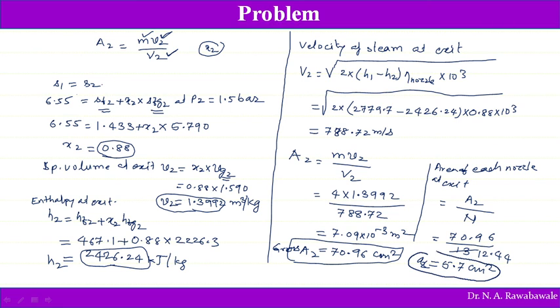So the individual area of each nozzle is 5.7 centimeter square at exit, whereas the gross area of all the nozzles is 70.96.